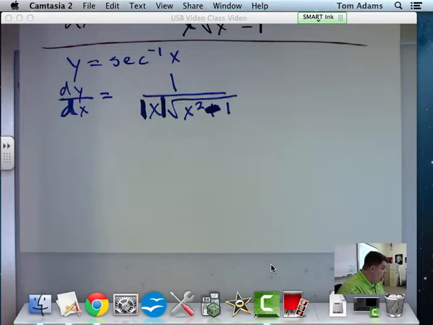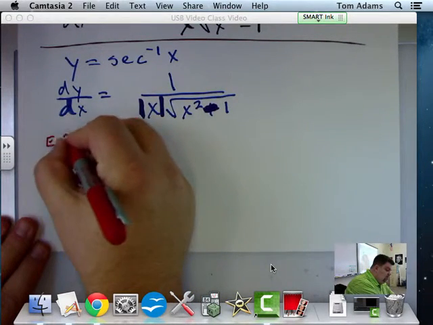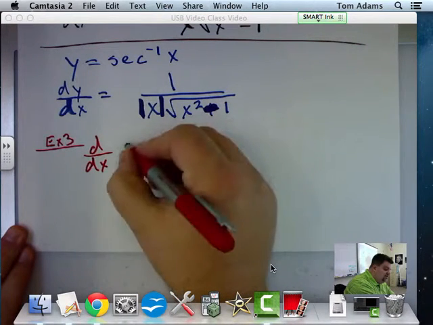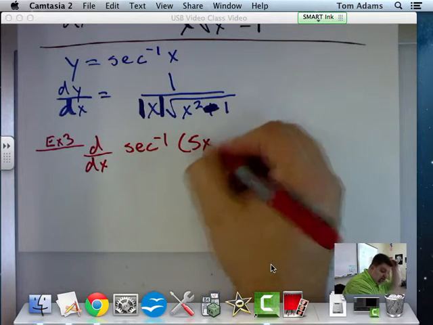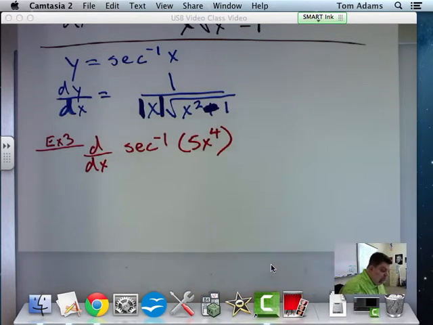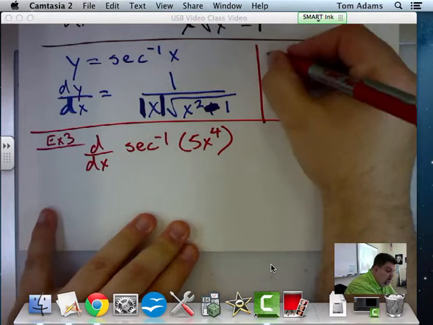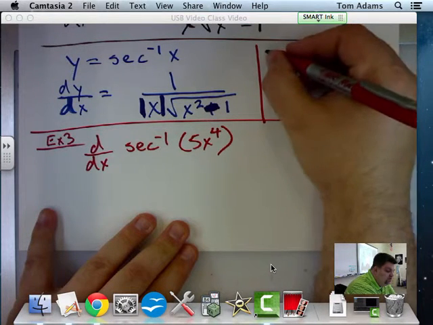Now the reason I went through all that is because that's what example number 3 wants us to do. Example number 3 wants us to take d/dx of arc secant of 5x to the 4th. And so to generalize this, I could think of this in terms of u substitution.